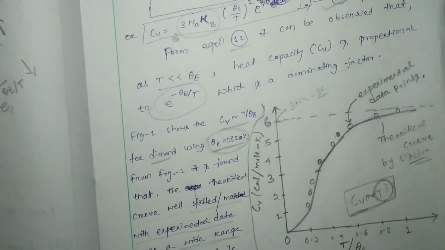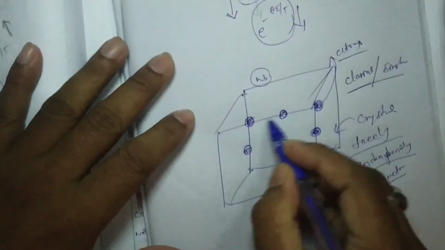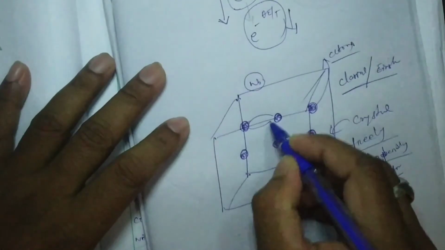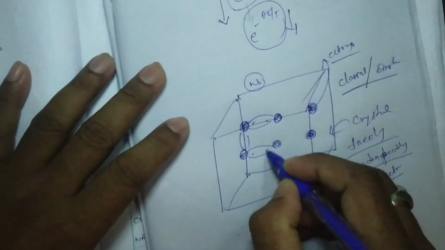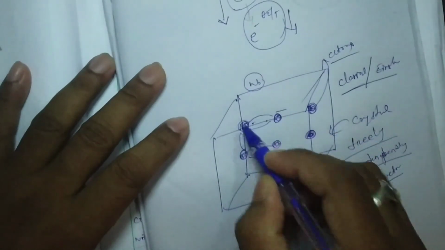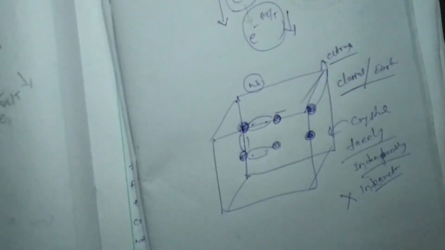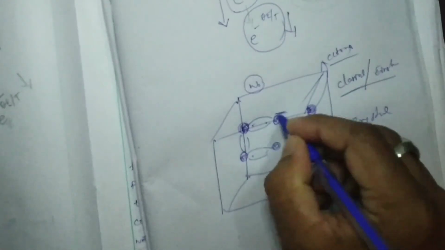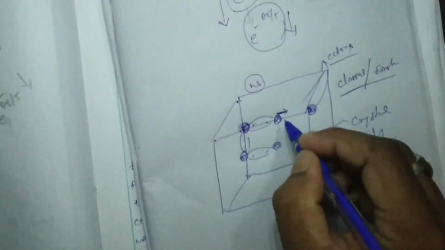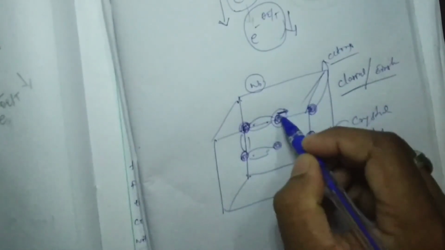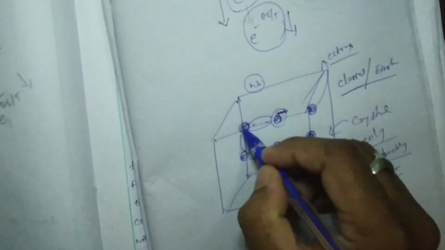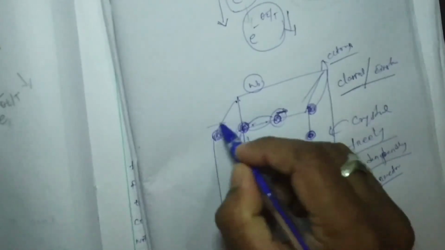That means actually in the crystal, all the atoms are combined with each other, at least with covalent bonds. So if one atom vibrates, how can another not be affected? If one atom starts to vibrate, this vibration affects the nearby atoms, and the nearby atom also vibrates.